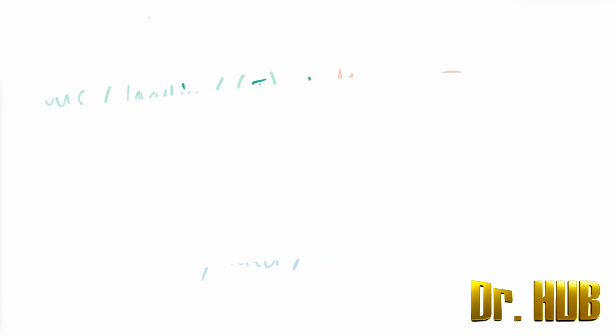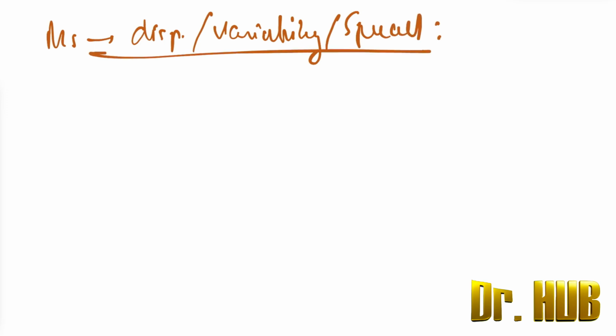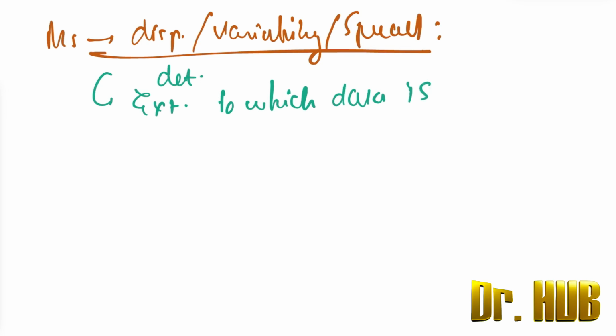Next, we will look at the measures of dispersion, or variability, or spread. What does dispersion, variability, or spread indicate? They are measures which help in determining the extent to which the data is stretched or squeezed.